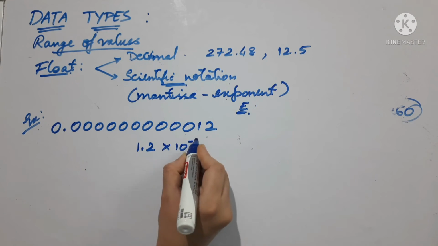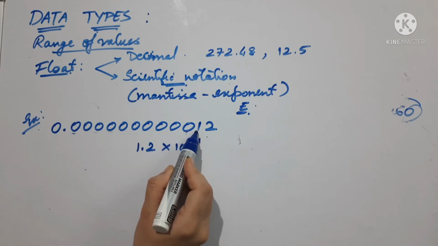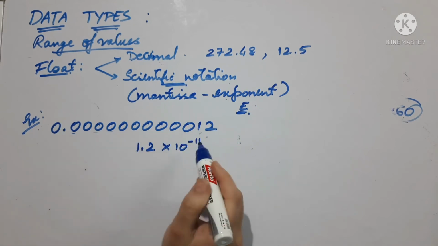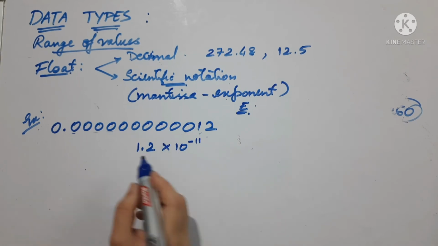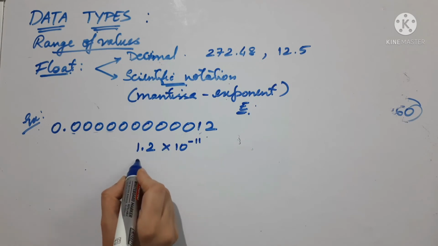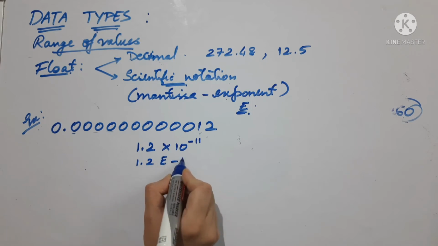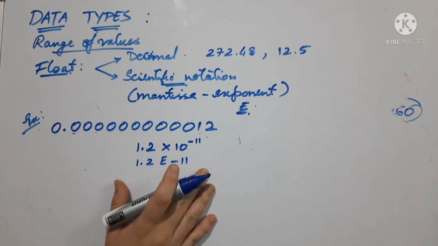So minus 11, because I am having here 10 digits and then this is 11. After 11 digits, I am putting the dot. So that is why I am taking 10 to the power of minus 11. Now, if I want to express this in scientific notation in my C programming, I simply have to say 1.2E minus 11. So this is how we are using the floating data types.